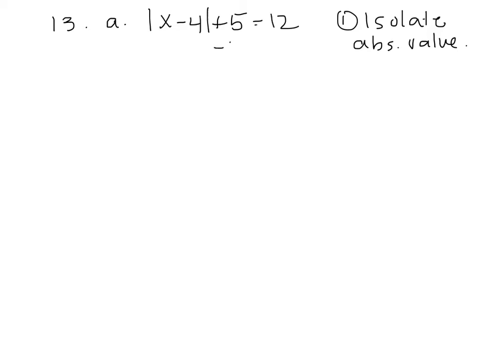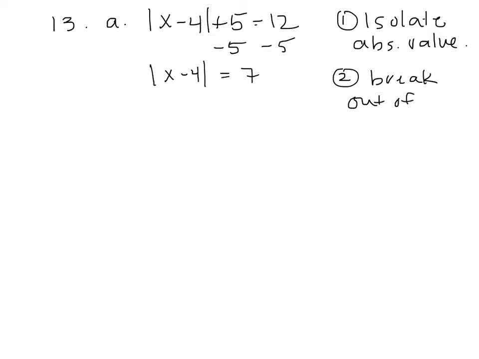So we'll do that by subtracting 5 from both sides. We have the absolute value of x minus 4 is equal to 7. The second step was to break out of jail. Remembering that absolute value means the distance something is from 0 on a number line.